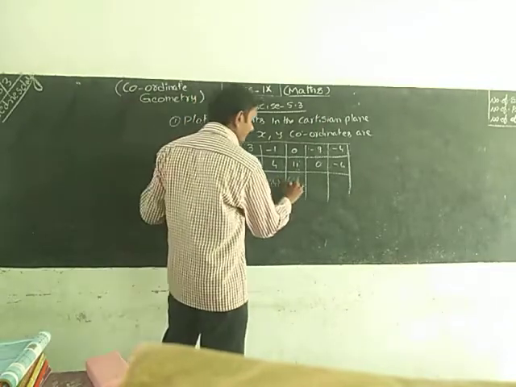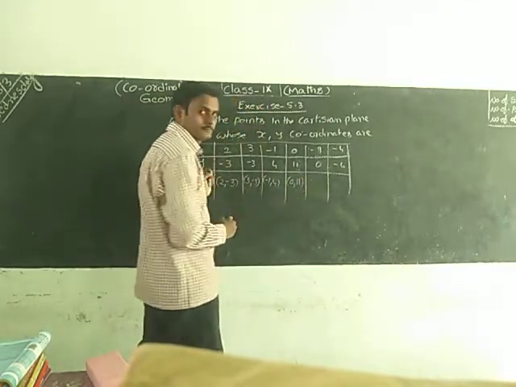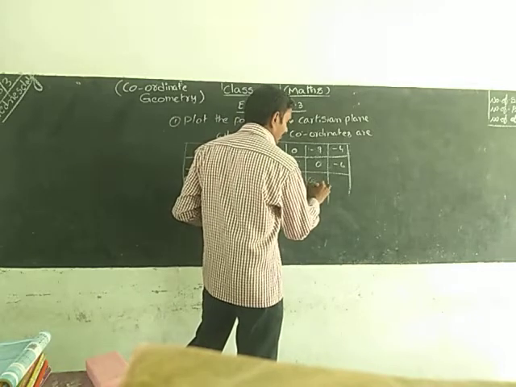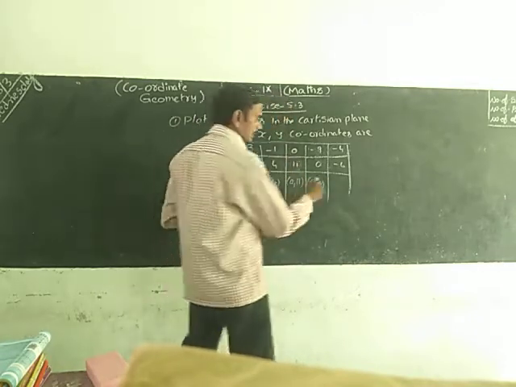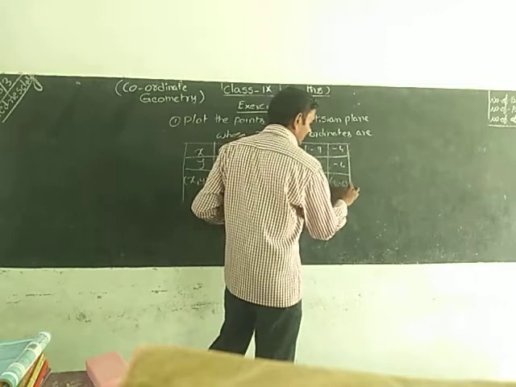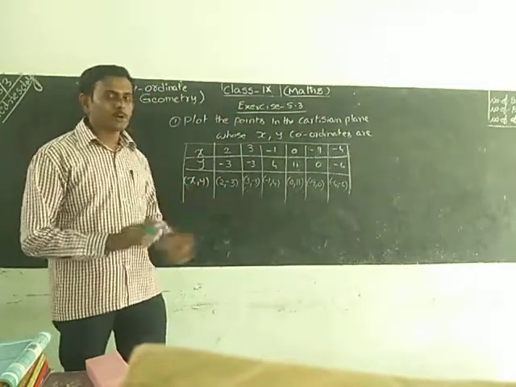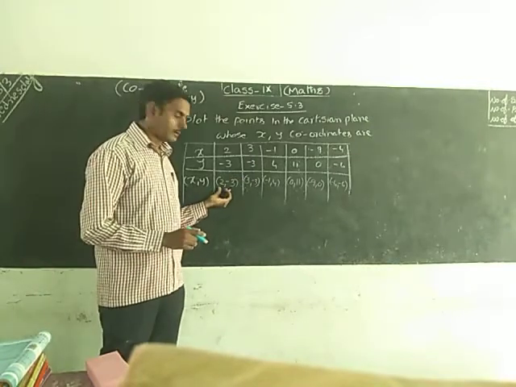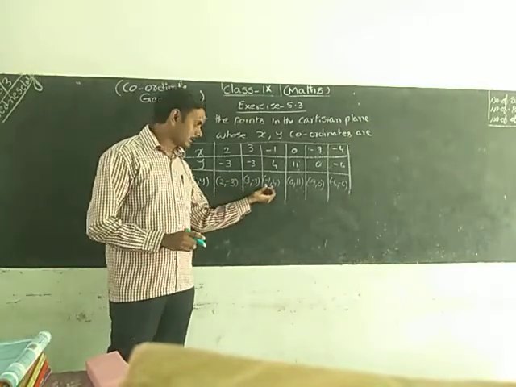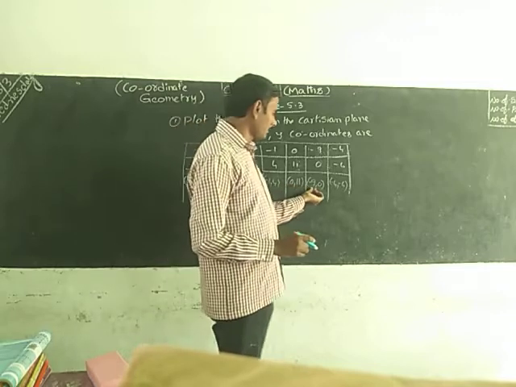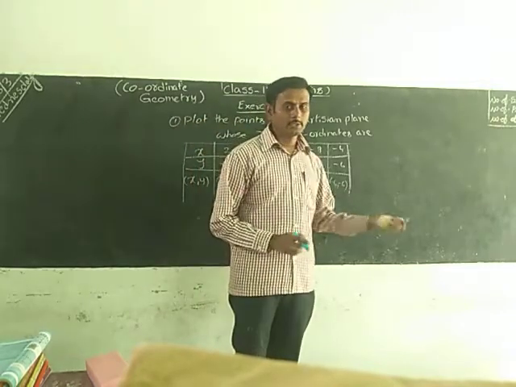Next, 0 comma 11. Next, minus 9 comma 0. Next, minus 4 comma minus 6. We have to plot these points on graph paper.